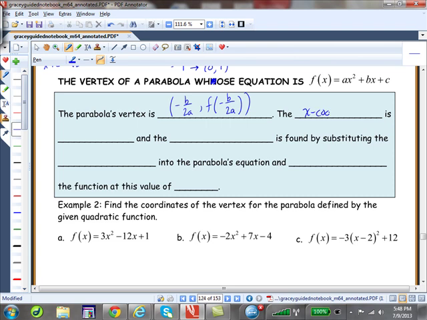The x-coordinate is the negative b over 2a, and the y-coordinate is found by substituting that x-coordinate that you found, the negative b over 2a, into the parabola's equation and evaluating. So it's just the corresponding y-coordinate that you get when you plug in that negative b over 2a.